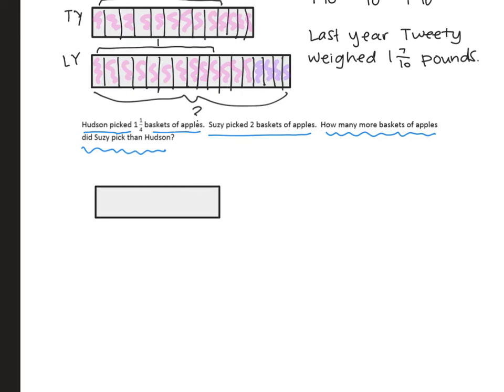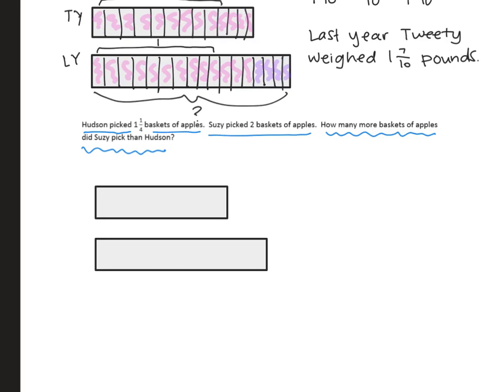I'm going to have one for Hudson, and one for Susie. And I know that Susie's is a bit longer than Hudson's because Susie picked 2 baskets of apples and Hudson only picked 1 1/4.